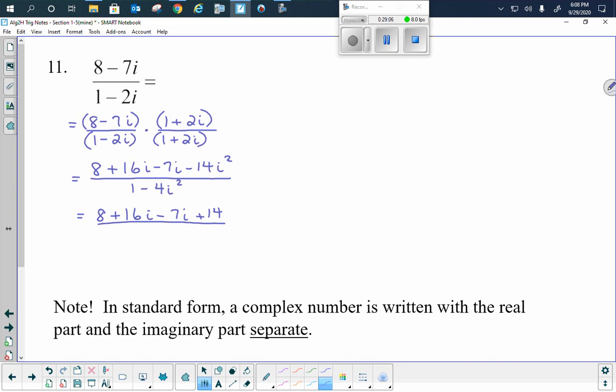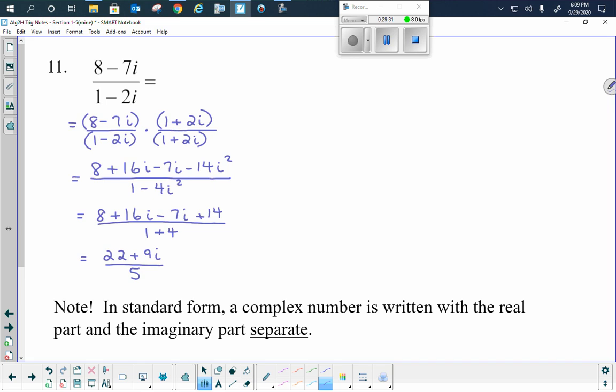And in the bottom, I'm really going to have 1 plus 4 for the same reason, right? i squared is negative 1 times the negative 4. All right, now we can combine like terms. So looks like I am looking at 8 and 14, so 22 and plus 9i all over 5.